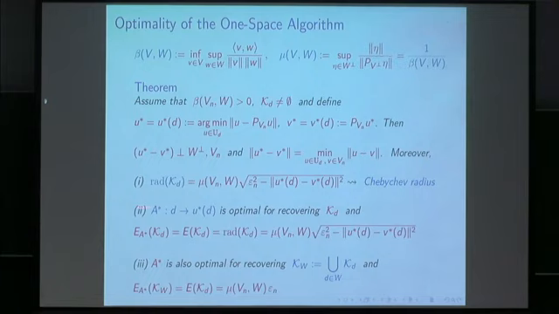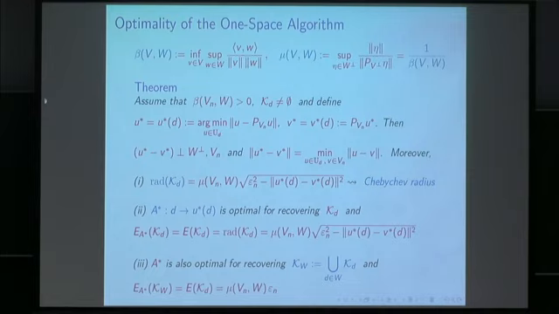This is exactly the one defined by Maday and Patera, and this algorithm is also optimal in a more general sense, when we don't consider one data point D, but consider all possible data points.